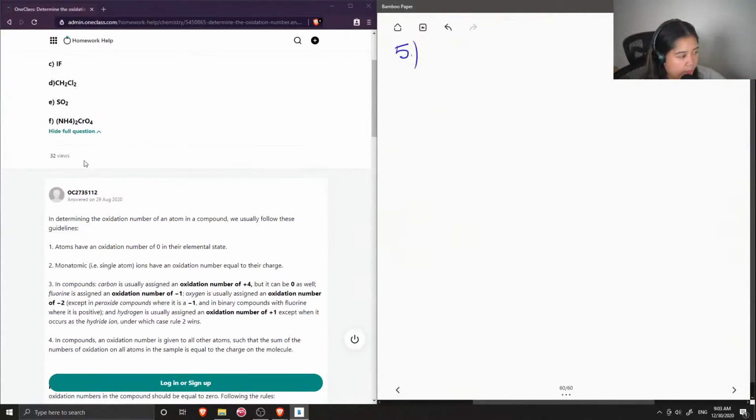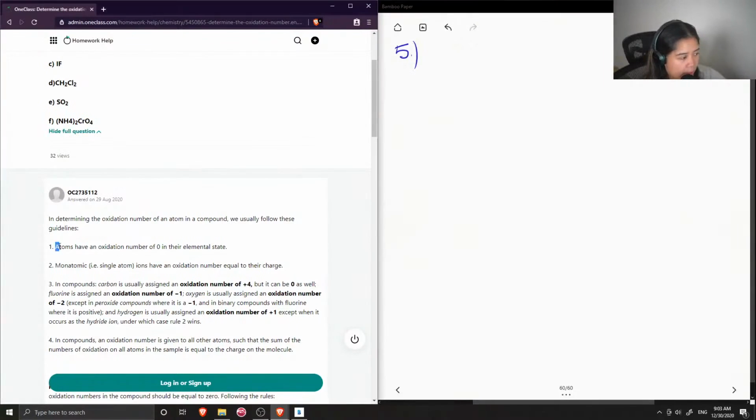written down. So when we determine the oxidation number of an atom in a compound, we usually follow these guidelines. Number 1, atoms have an oxidation number of 0 in their elemental state. 2, monatomic ions have an oxidation number equal to their charge.